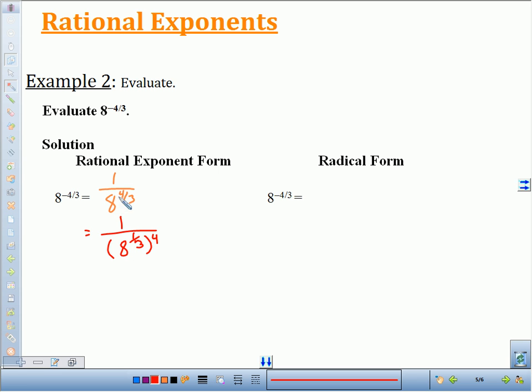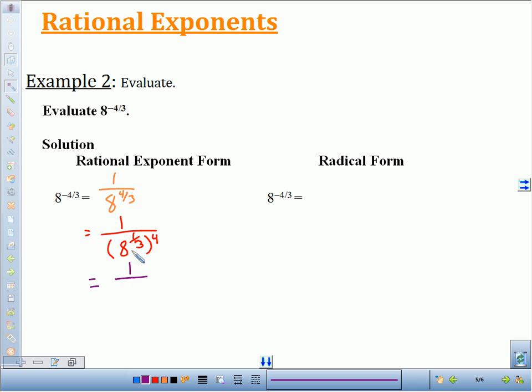So 8 to the 4 over 3 is 8 to the 1 over 3 to the 4th power, because 1/3 times 4 is 4/3. Now, that is a useful step here, because I can tell what 1/3 of 8 would be, because 1/3 of 8 is just 2.